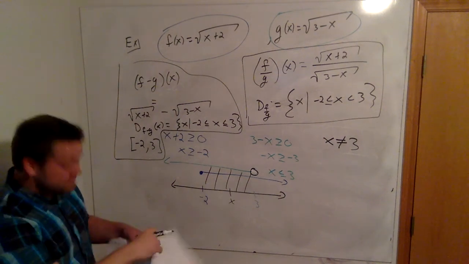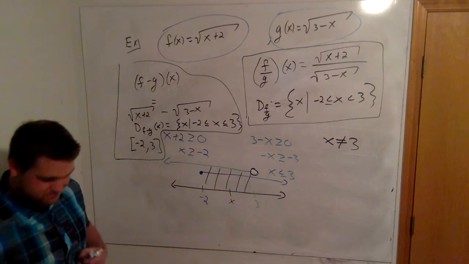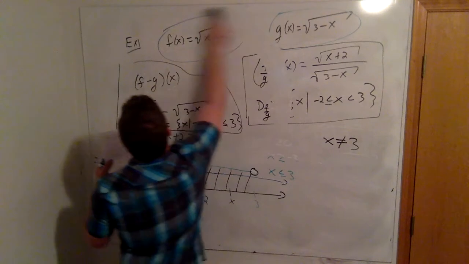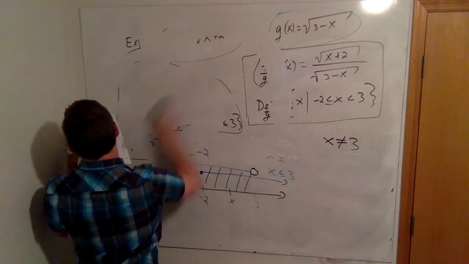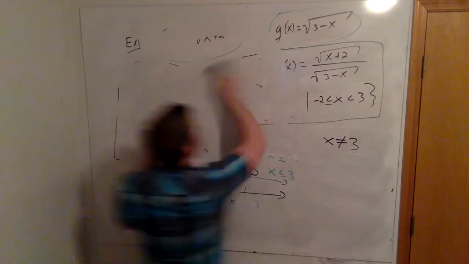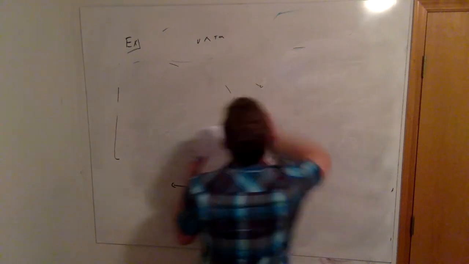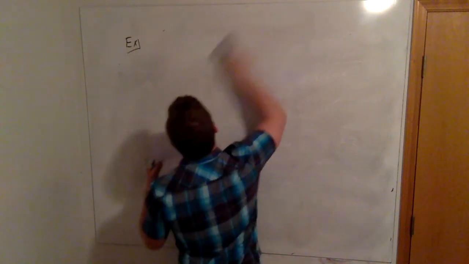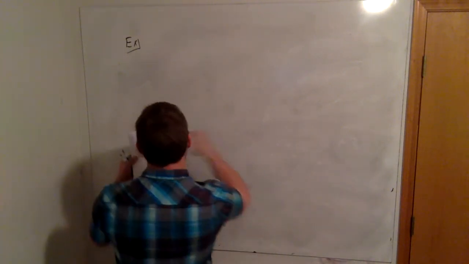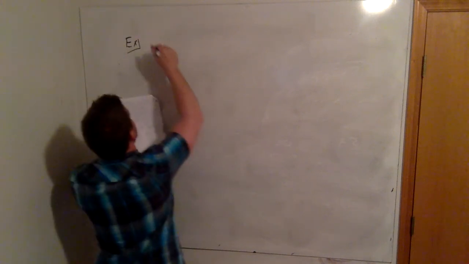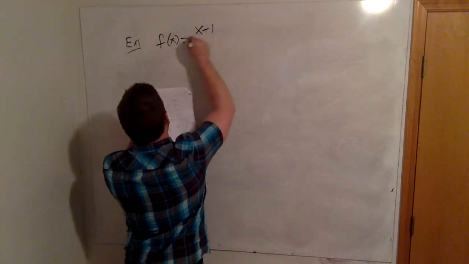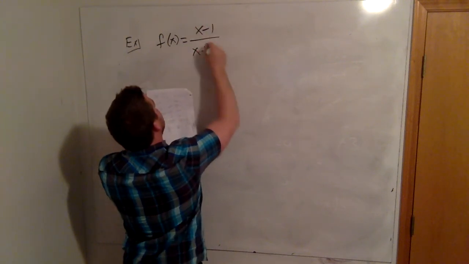Okay, let's do one last example. Let's say we have the function f of x is equal to x minus 1 all over x plus 5.